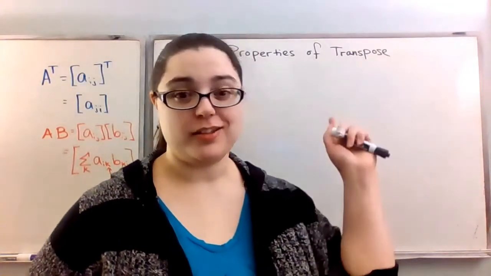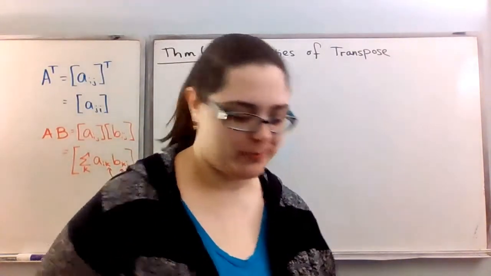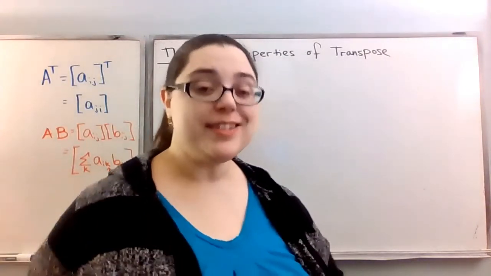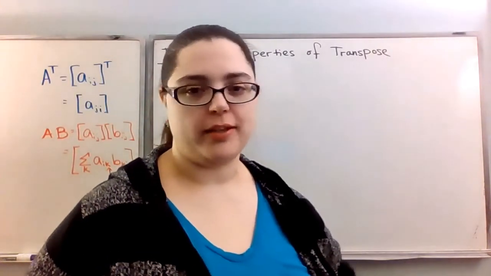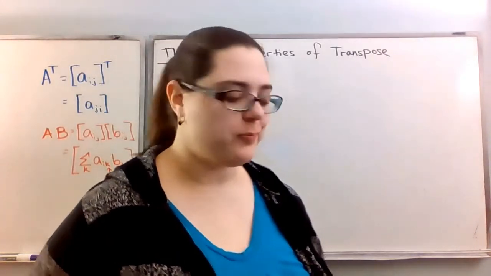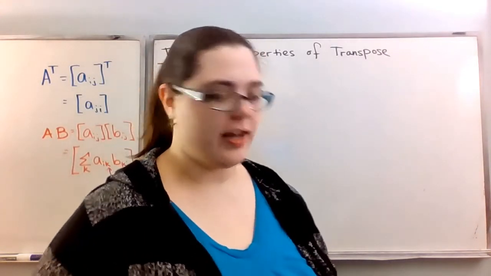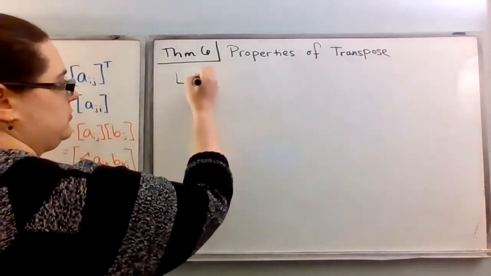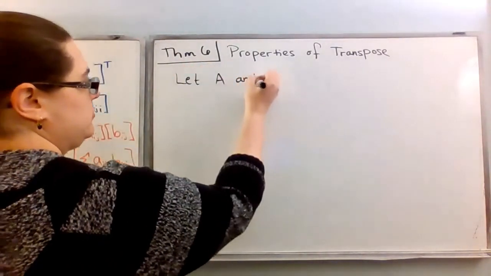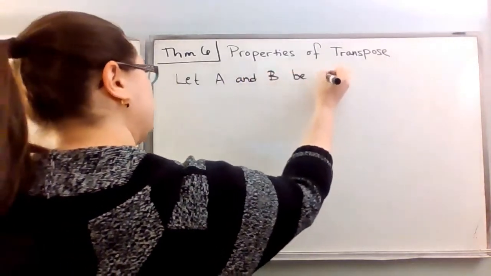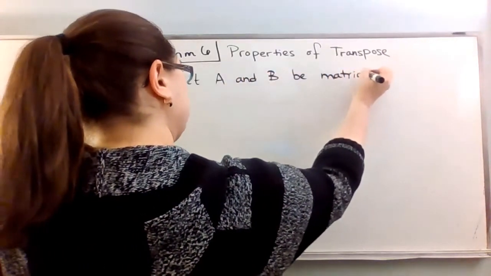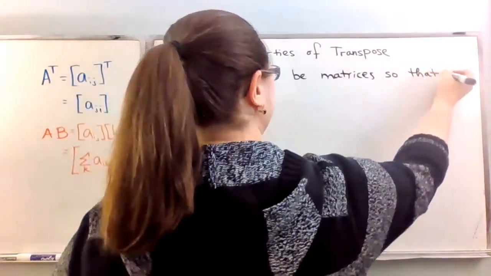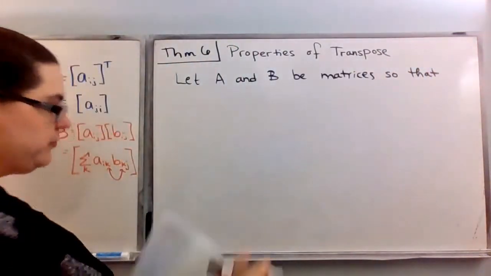Before we can get there, let's state our properties of transpose. Remember that when we state our theorems, we have to make sure we know the conditions that apply before we know what the properties are. So for this theorem, we're going to have A and B be matrices so that the indicated operations can be performed.